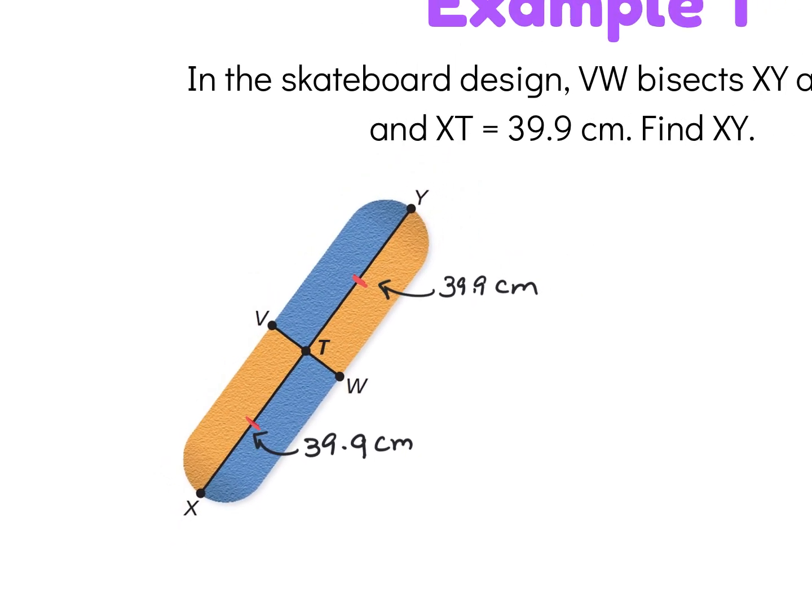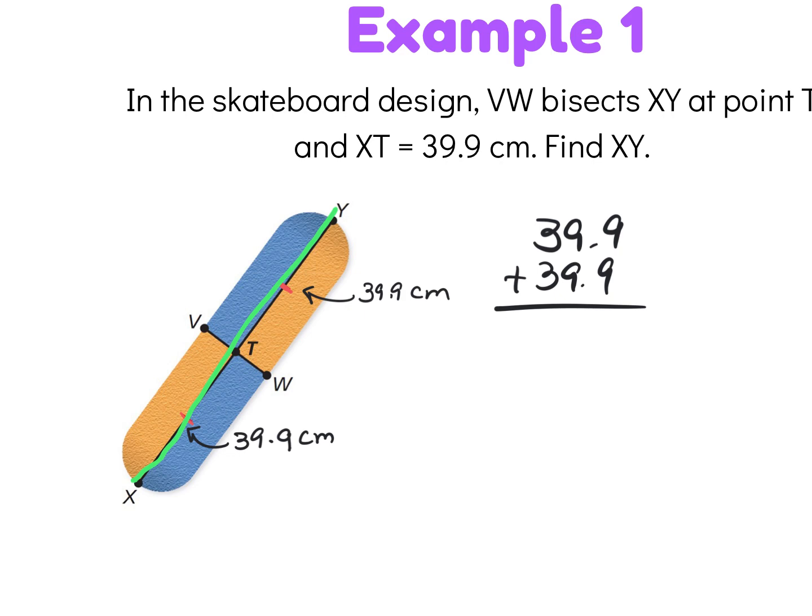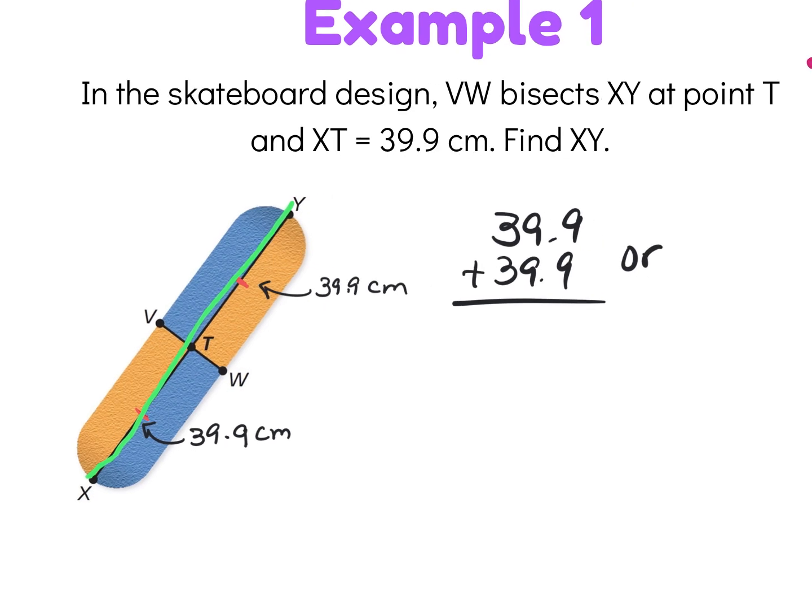So if it asked me to find the length of the entire segment made up of from X to Y, I can either find it by just taking 39.9 and add it to itself, or I could do 39.9 times 2. The choice is yours. Either way, when I add it, I'm going to get the same answer.